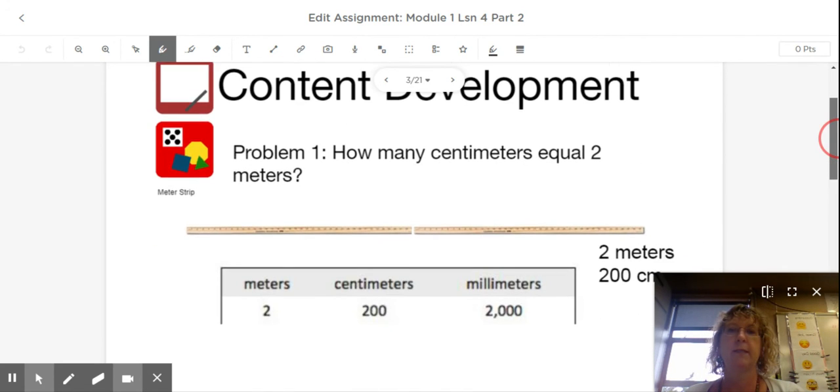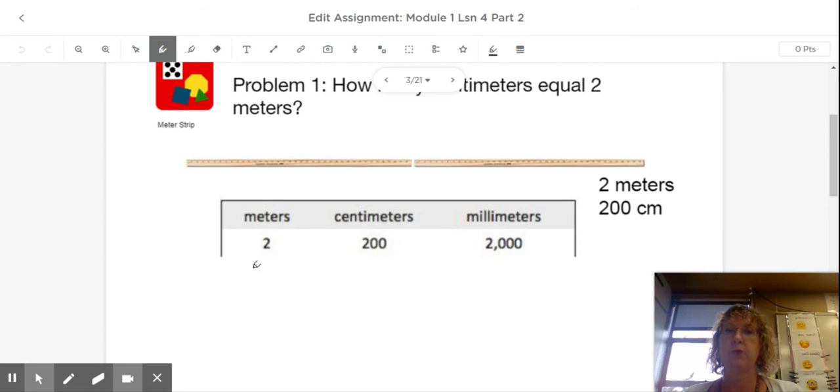All right, so meters 2, centimeters, because centi means 100, right? Okay, millimeters, milli means 1,000. So in 2 meters, same 2 meter sticks, it's the same thing.